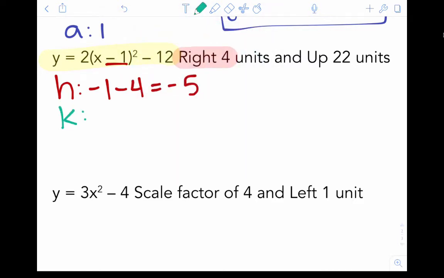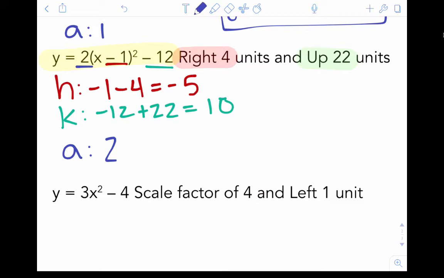My k starts at -12. It goes up 22, which means it increases by 22 to become 10. And then my a is 2, and it has no change, so it stays 2.